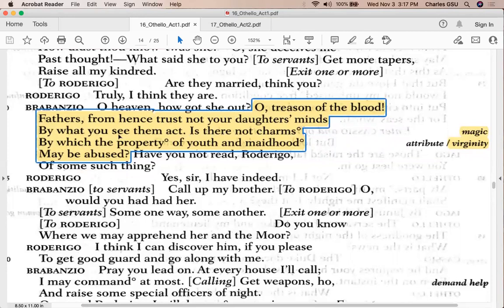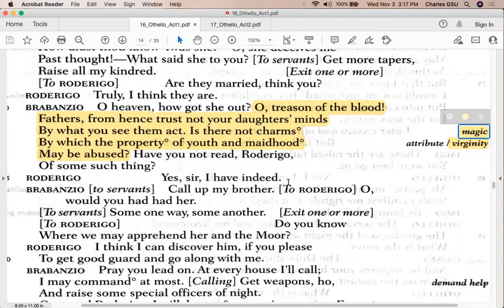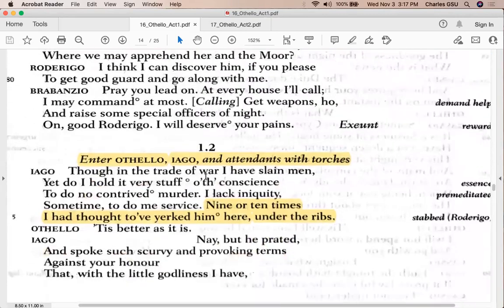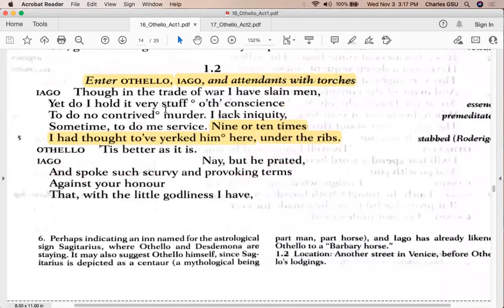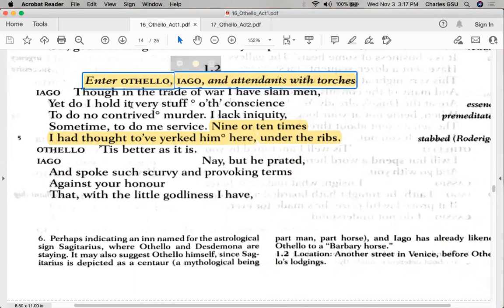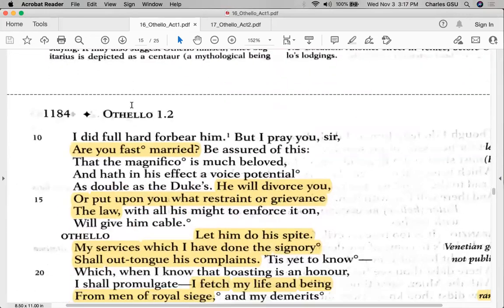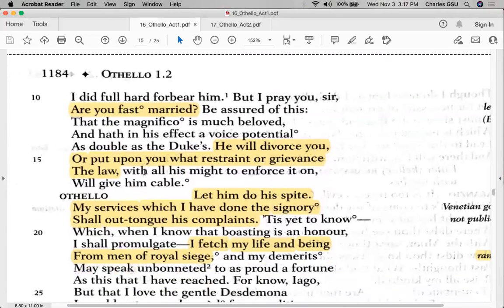"Is there not charms by which the property of youth and maidenhood may be abused?" And it's this word charms that they gloss here as magic, in this case, black magic, that Brabantio believes has been used on his daughter to make her change. So here we have Othello and Iago out in the street when they're going to be confronted by the father.